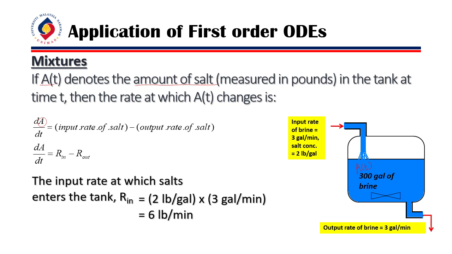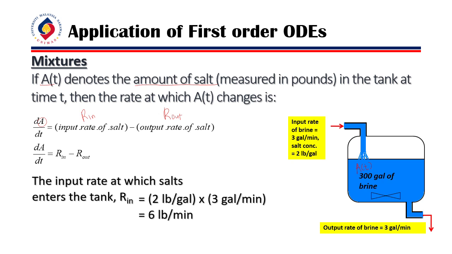It depends, as long as you know what A represents. So in this case, dA/dt, the rate of change of the amount of salt with respect to time, is the input rate of salt, R in, minus the output rate of salt, R out.